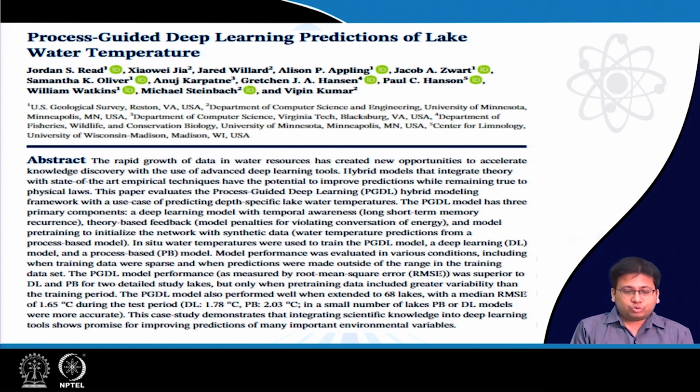The in situ water temperatures were used to train the PGDL model, a deep learning model, and a process-based model. Model performance was evaluated in various conditions, including when training data was sparse and when predictions were made outside of the range in the training data set.